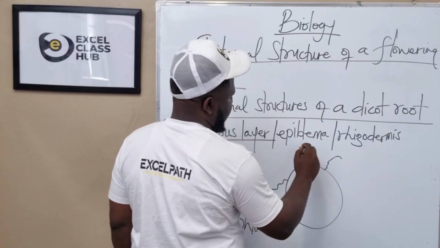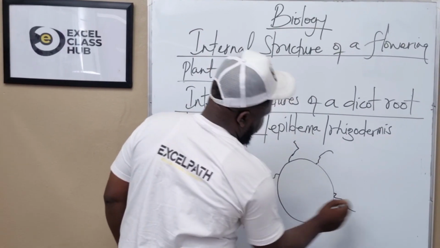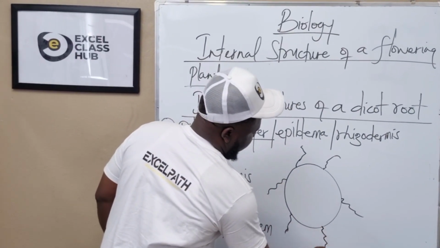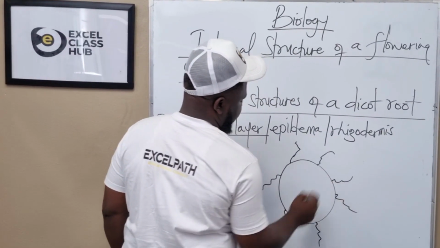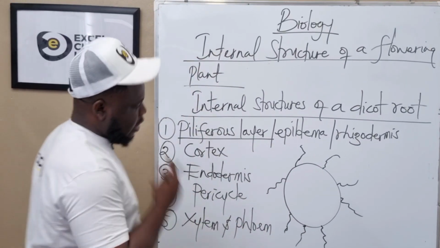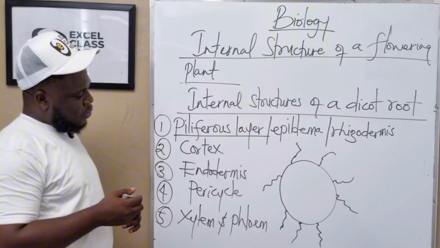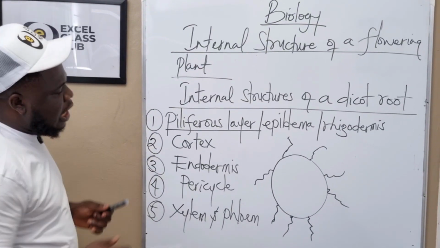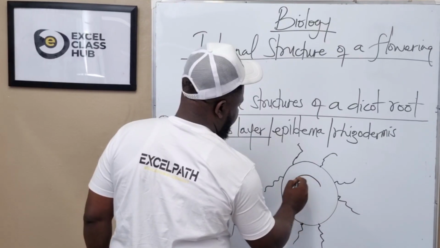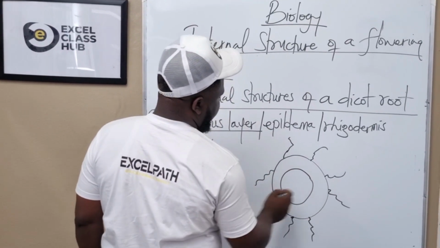That's certain. So you must see root hairs. I'm trying to sketch my root hairs like this. Let's assume that those are root hairs. Then you see some structures inwardly.